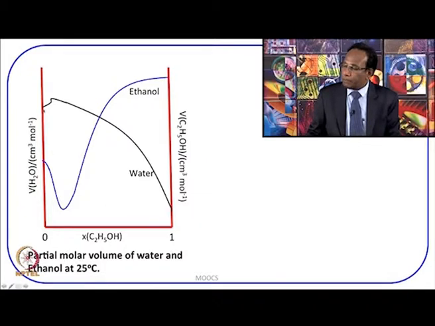For pure water, the value will be around 18, and as you see, when the mole fraction of ethanol increases in solution, the partial molar volume of water is decreasing, and the partial molar volume of ethanol is having an unusual kind of trend.